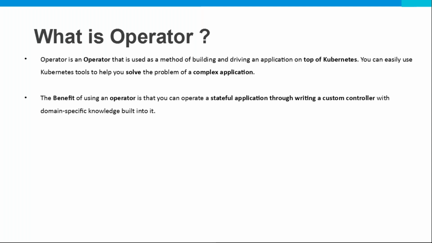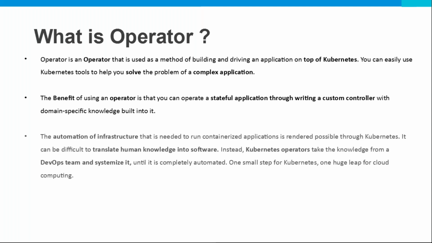And the benefit of using an operator is you can maintain stateful applications through writing a custom controller. So it makes automation easy for you, and Kubernetes operators take the knowledge from a DevOps team and systemize it.